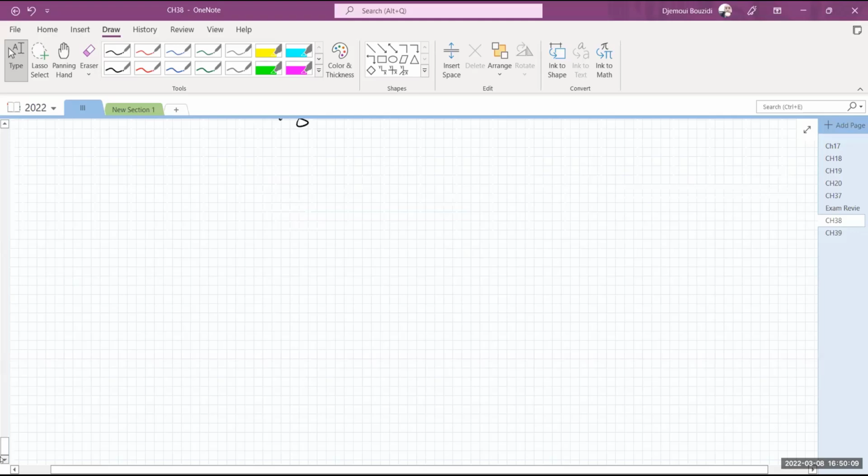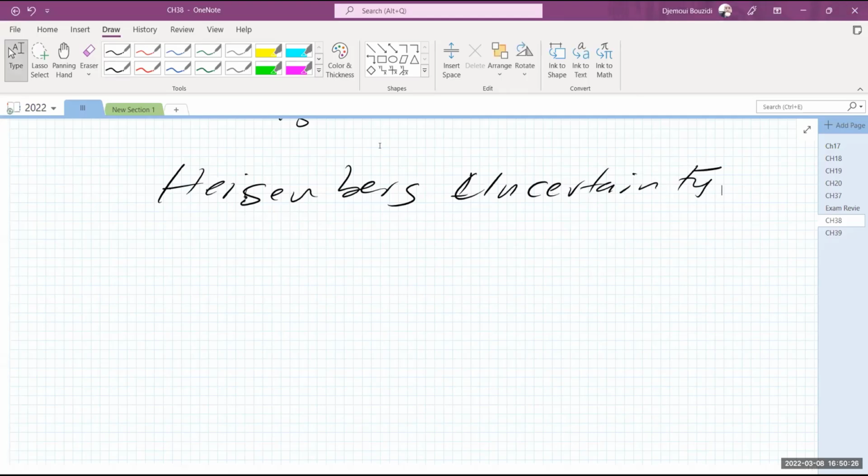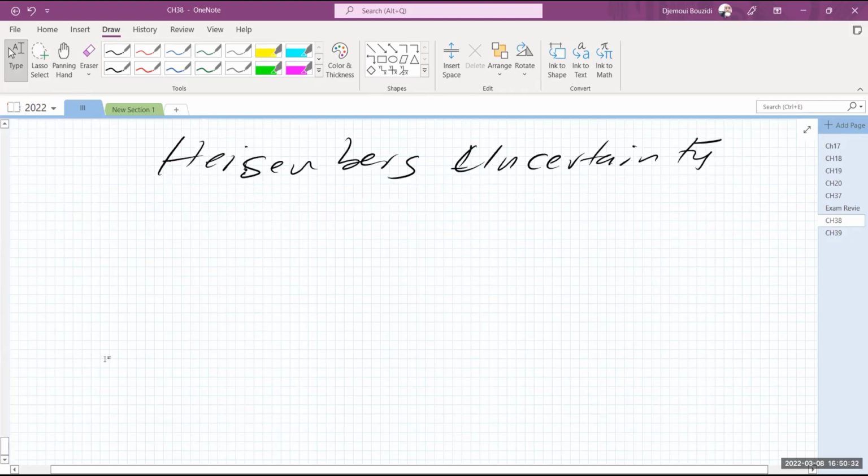Let me finish this thing with the Heisenberg uncertainty, and I'm going to explain it, because I cannot really prove it honestly, because we don't have enough algebra to do it. Okay, here is the idea behind it. Let's go back into the single slit experiment.